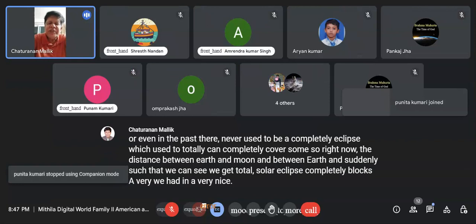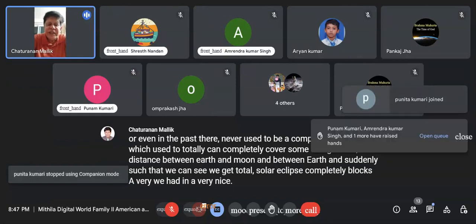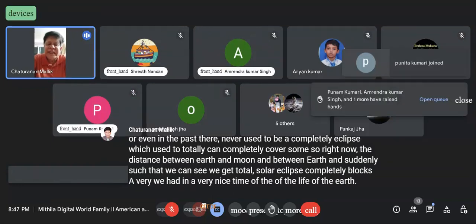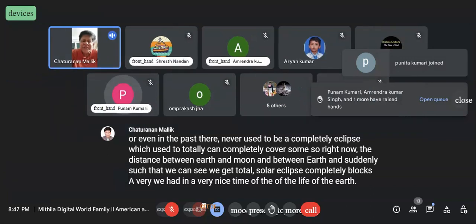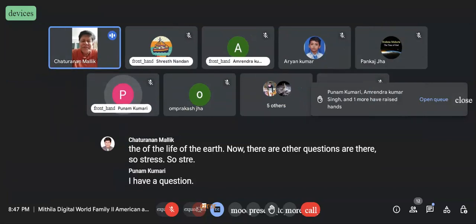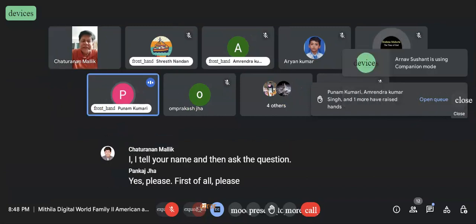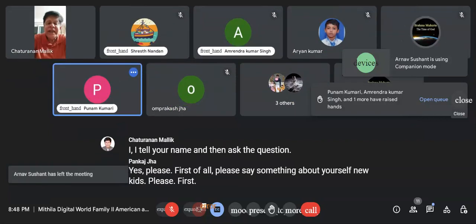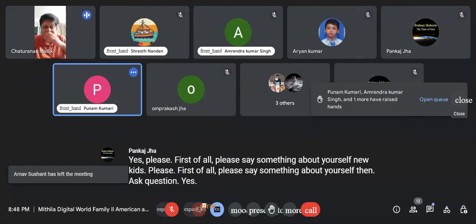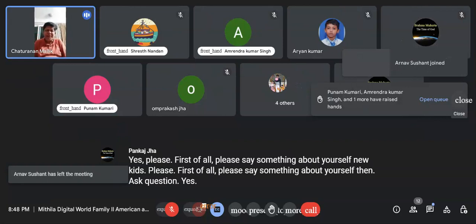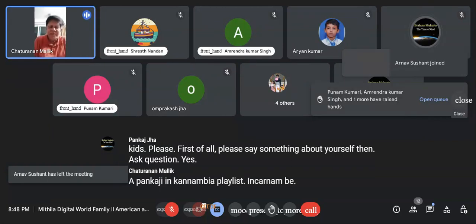Now there are other questions. Sir, I have a question. Tell your name and then ask the question. Please first say something about yourself, then ask the question. Pankaj ji, you take their names too, only then they will be able to speak, otherwise everyone is waiting for the other person to speak. Suresh Nandan, we see you.